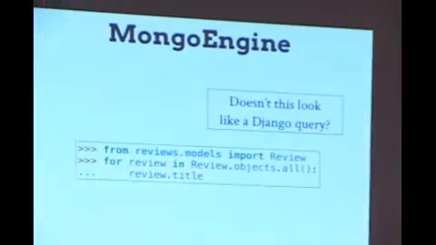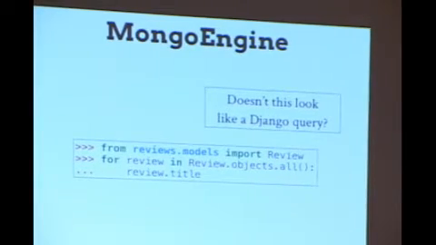It's very easy to read. And here's an example of a query, and this looks pretty much exactly like the way a query would look when you're using the Django ORM. I think it's really nice.